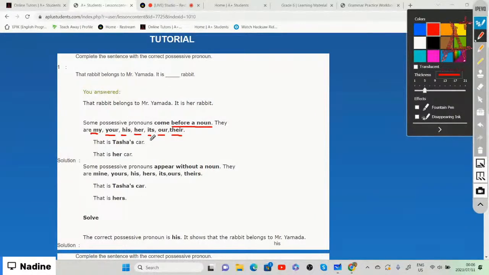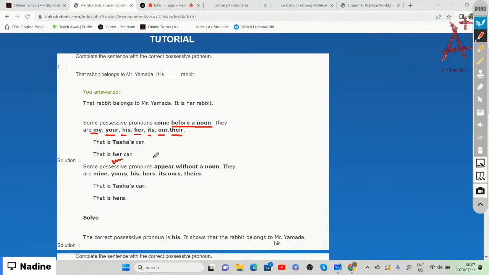All right, so if we look at the example, there's an example. The first example says, that is Tasha's car, right? So we are making mention of the person, which is Tasha. So instead of making mention of the person's name, we can say that is her car, right?